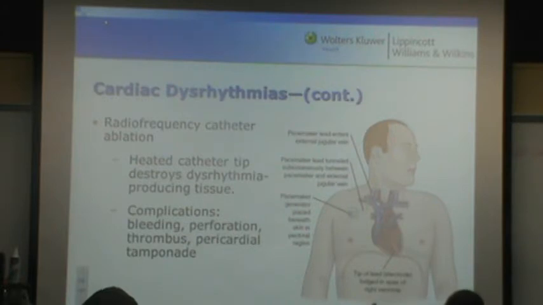Like I said, they put that pacemaker lead, it's tunneled down subcutaneously between the pacemaker and the external jugular vein. And then the pacemaker generator is placed beneath the skin in the pectoral region.